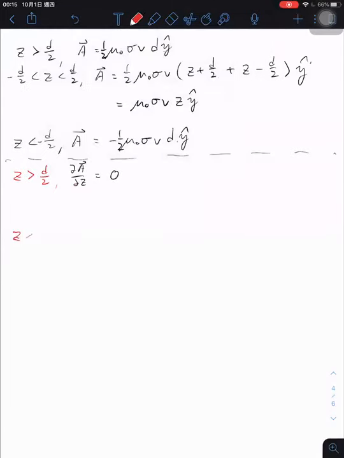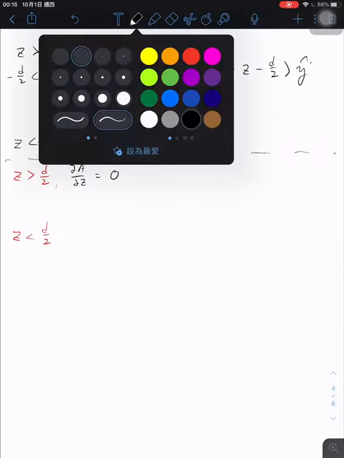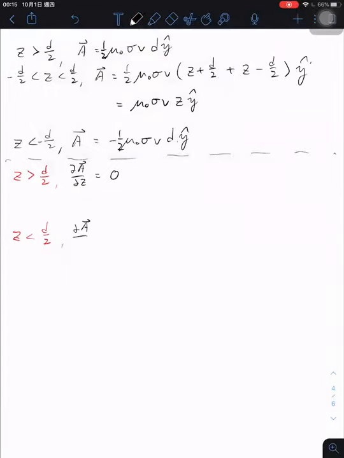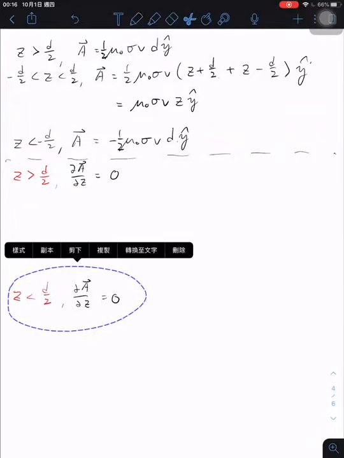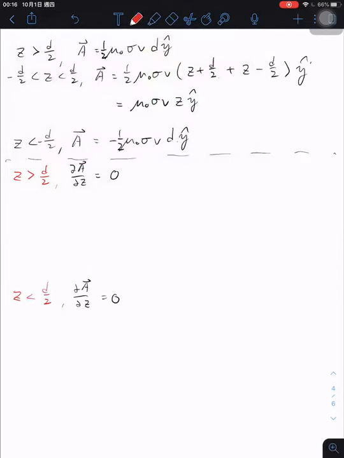And the same for the lower region. And for the middle region, taking the derivative is easy because it just depends on z. So after taking the derivative, we just have mu naught sigma v left.